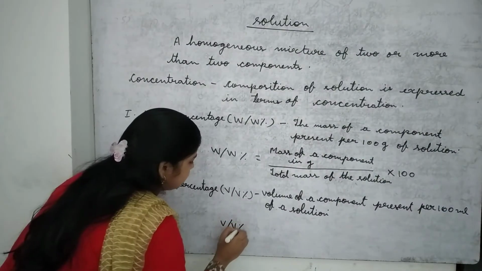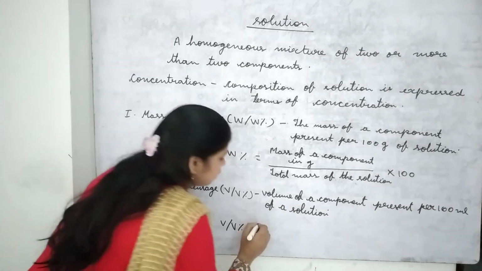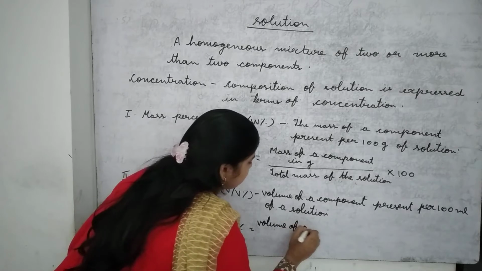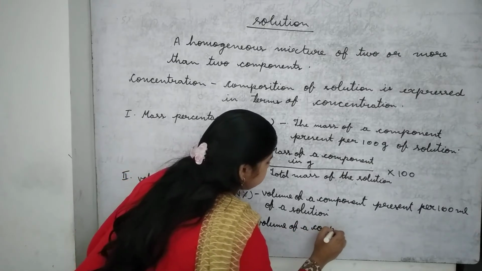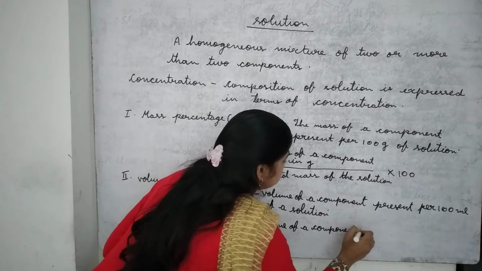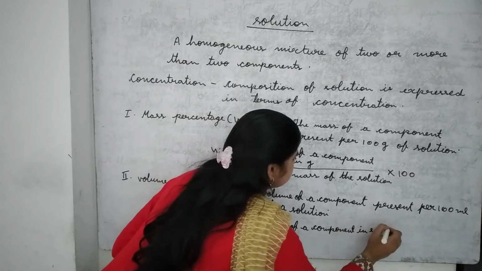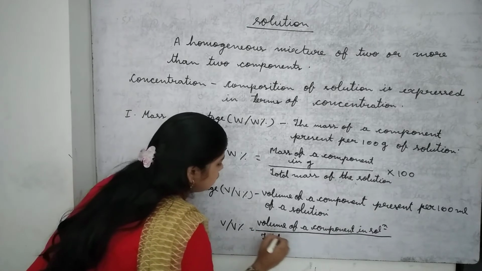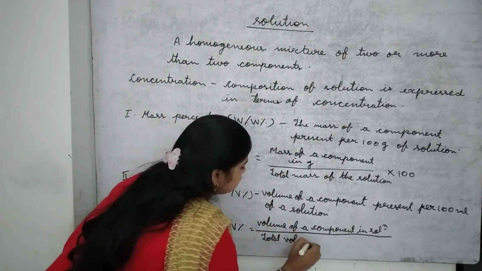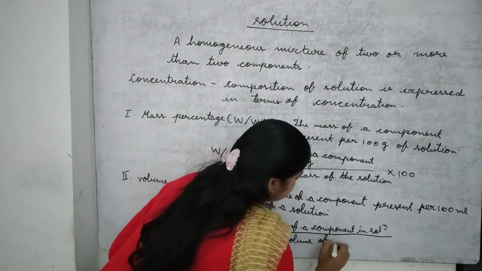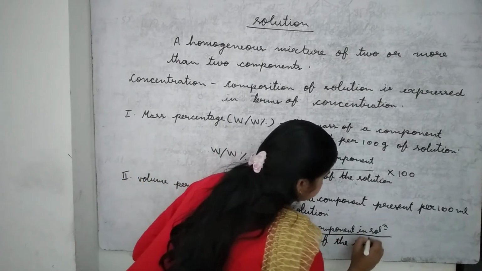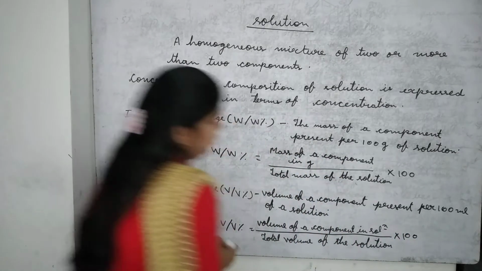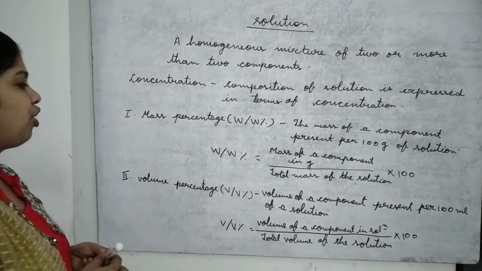So volume percentage is equal to volume of a component in solution divided by total volume of the solution into 100. So this term is used normally.